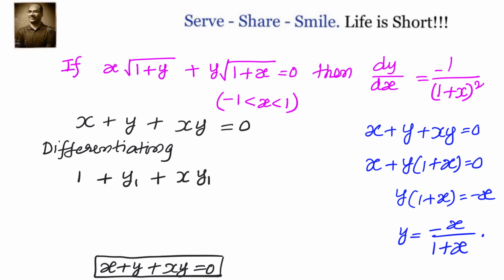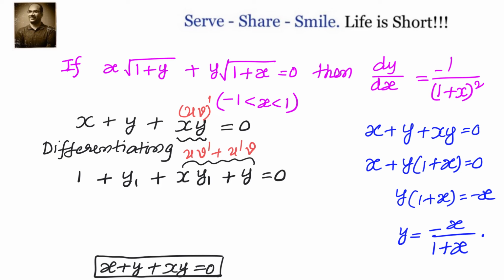So x into the derivative of y, that is xy1, plus y into the derivative of x, that is y into 1, equals 0. The derivative of 0 is 0. Just explaining how we did the uv formula on xy: the product rule says first function into derivative of second function plus second function into derivative of first function. That's the product rule.